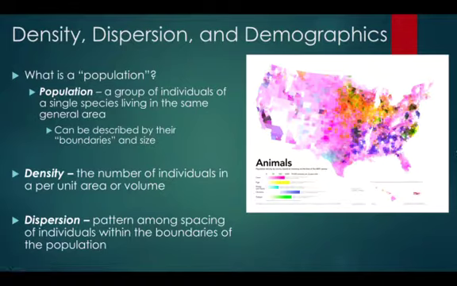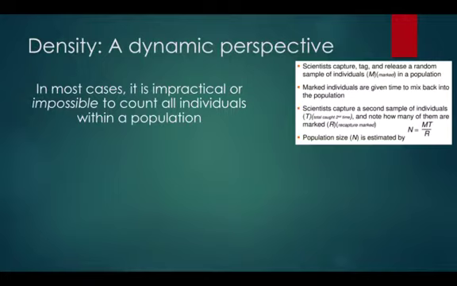Dispersion is the pattern of spacing among individuals within the boundaries of the population. So what is the pattern of how these individuals are spacing themselves? How are they related? Now, density, a dynamic perspective. In most cases, it is impractical or impossible to count all of the individuals within a population, so it's very difficult to figure out the actual density of a population.